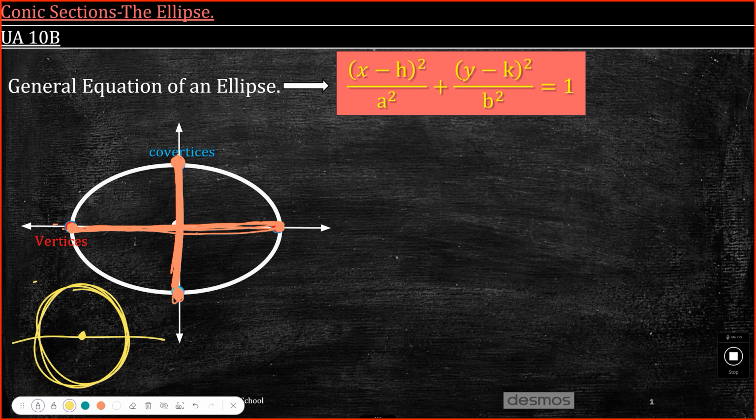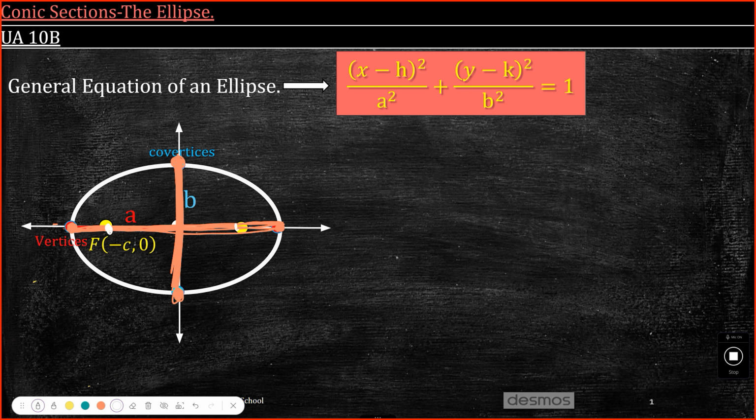If you squish in like this, they will move along this horizontal line. So the focus points will move along these lines, and they get moved away. So this has focus points, and the focus points will be somewhere here and somewhere here. And the focus points will be a distance of C from the center. If it's to the left, it'll be negative C, and the distance from the center to that is a positive C.